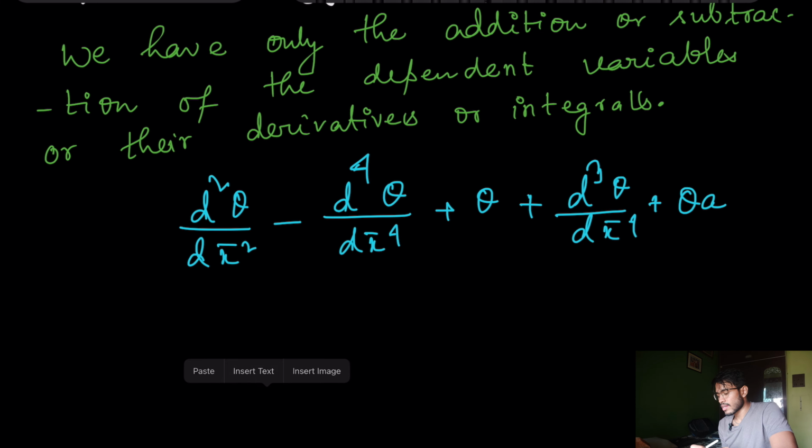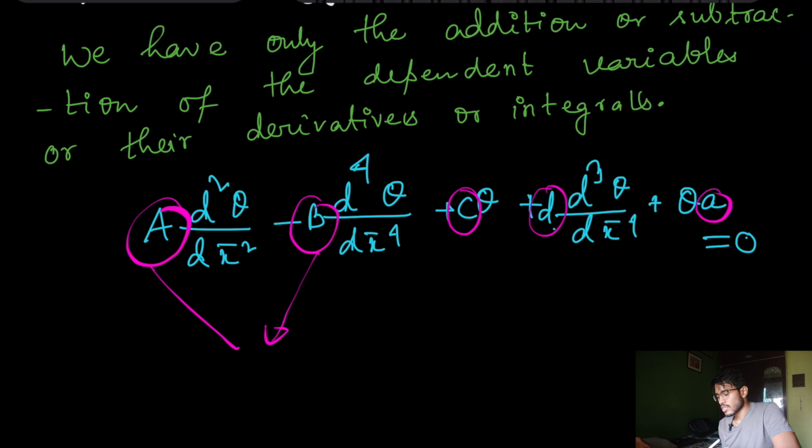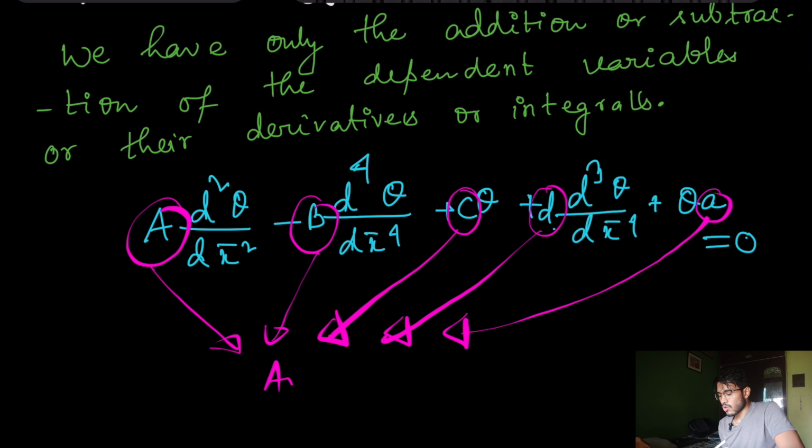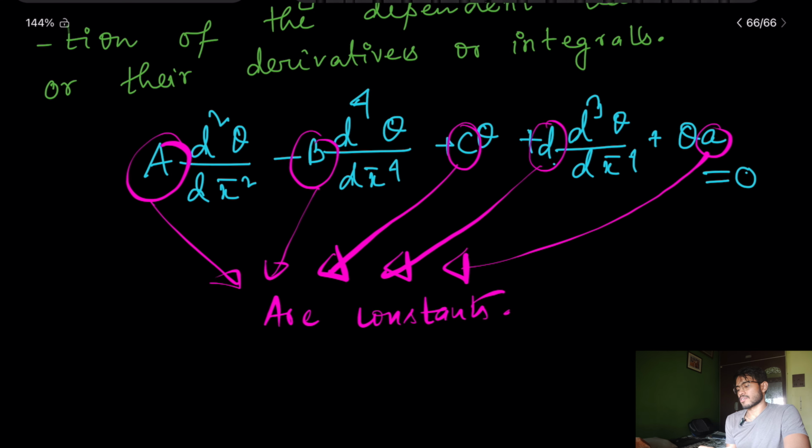All these have their own coefficients a, b, c, and small d, equal to 0, and all these coefficients are constants, then this is a linear differential equation.